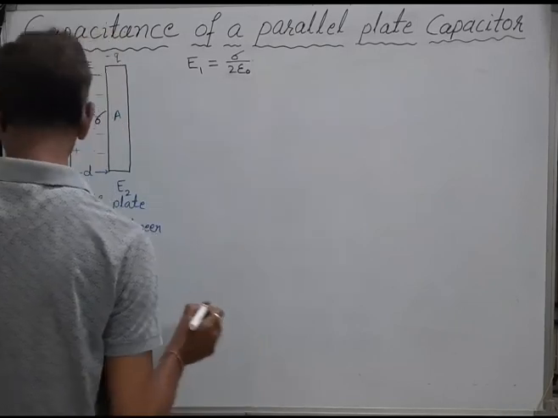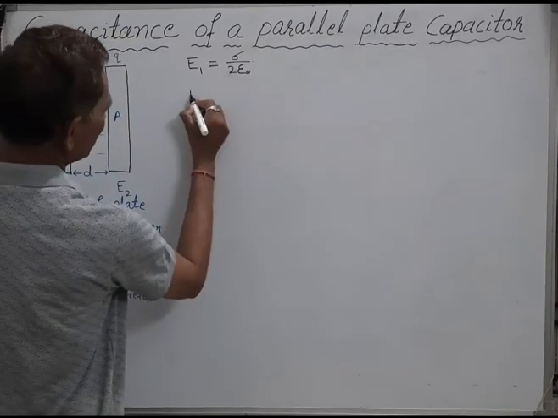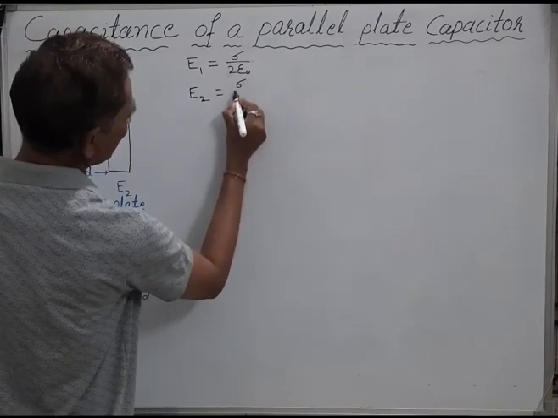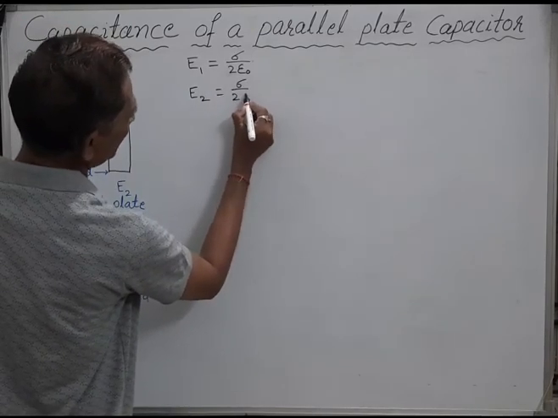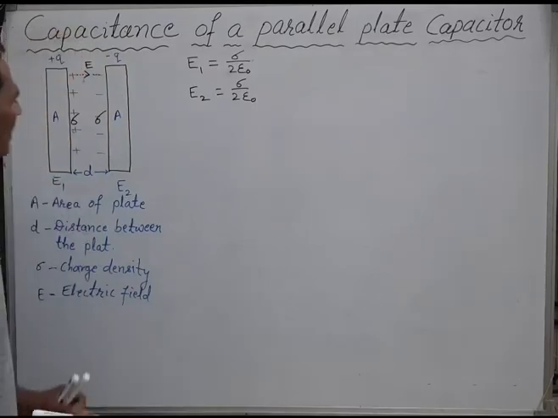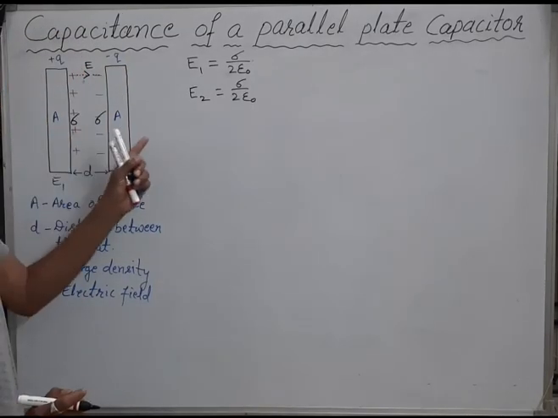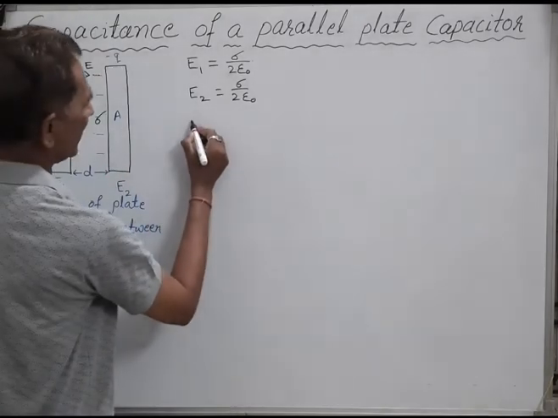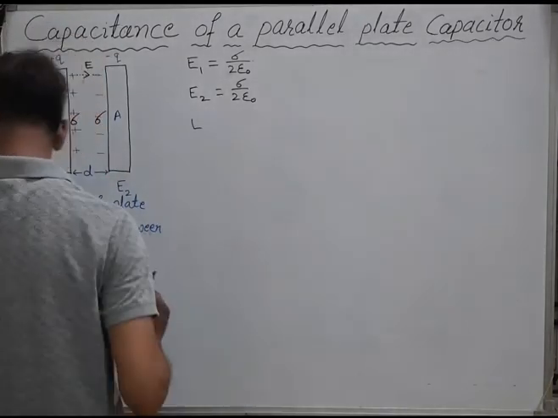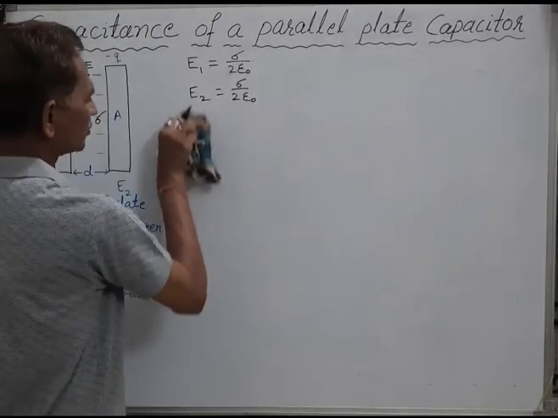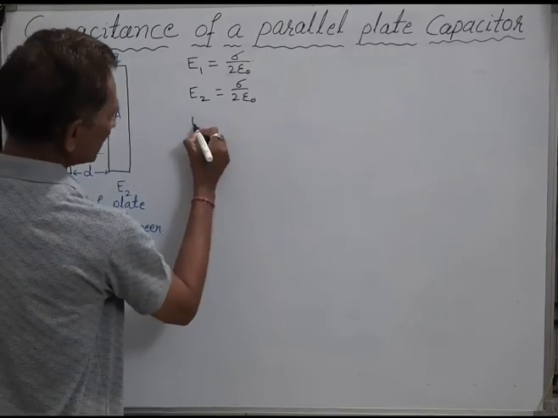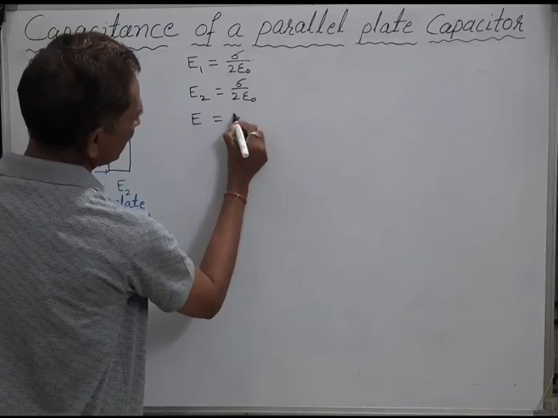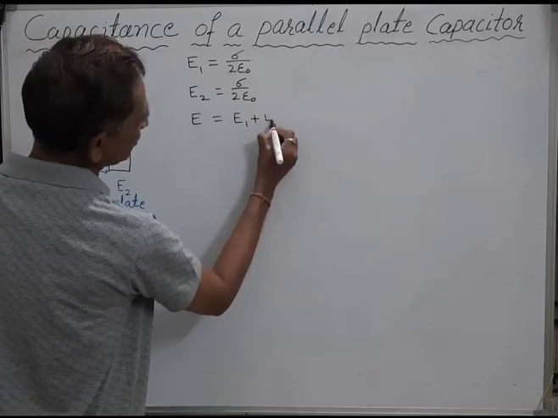This is E1, and similarly we get the electric field on the second plate, which is also sigma divided by 2 epsilon naught, and both fields are in the same direction, therefore the electric fields are added. Net electric field E equal to E1 plus E2.